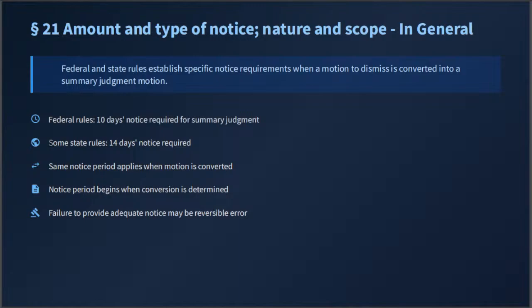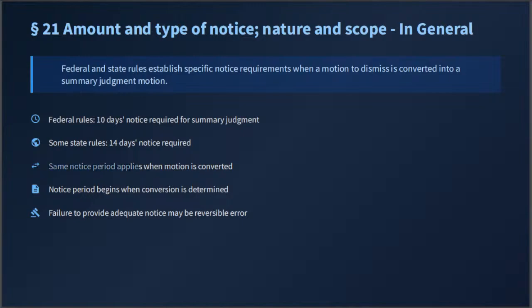But take note here, the federal rules are 10 days notice, but some state rules, 14 days notice is required. Not sure what states, check with your jurisdiction, but typically 10 days. I'd stick with the 10 days, or 14 days, I guess, in your state, if that's what that is. Better to give better notice. That way you cover both bases. But I believe the 10 would be the standard.